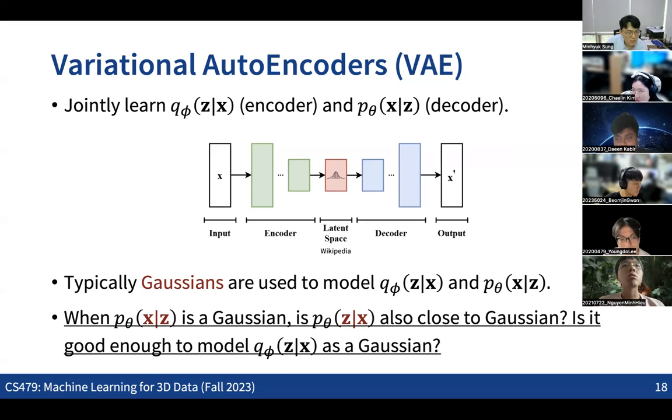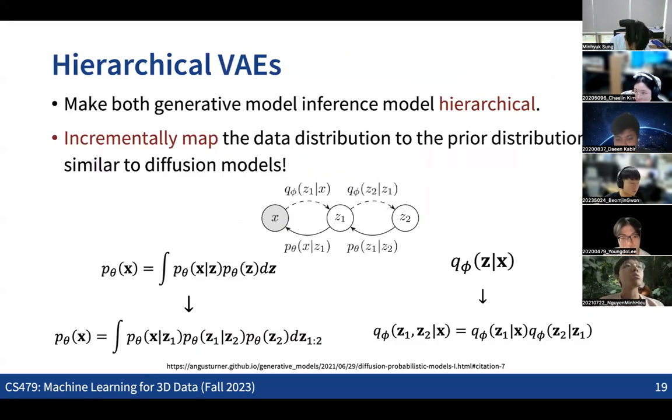That also results in the idea of the hierarchical VAE. We are not using a single transition, but stacking multiple transitions, in a way that we can use Gaussians for each of the steps and get a better mapping from the data distribution to the prior distribution, and also the other way around as well.